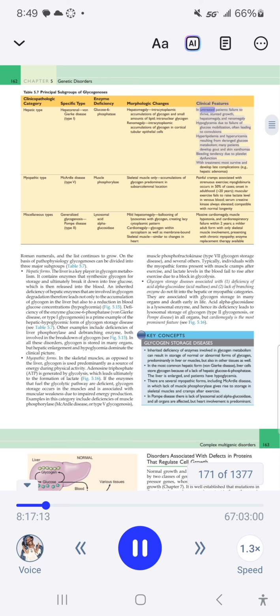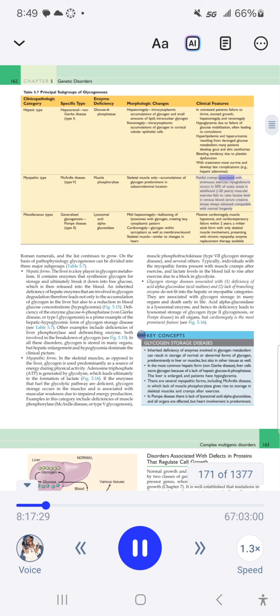Clinical features in untreated patients: failure to thrive, stunted growth, hepatomegaly and renomegaly, hypoglycemia due to failure of glucose mobilization, often leading to convulsions, hyperlipidemia, and hyperuricemia resulting from deranged glucose metabolism. Many patients develop gout and skin xanthomas, and a bleeding tendency due to platelet dysfunction. With treatment, most survive and develop late complications, e.g., hepatic adenomas.